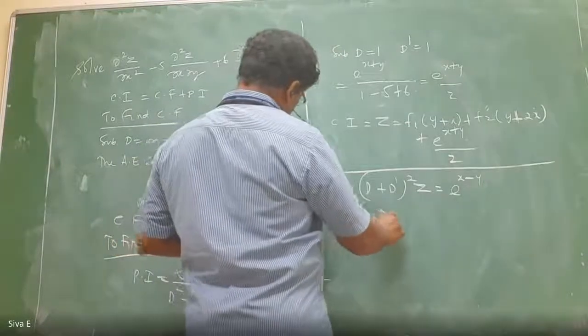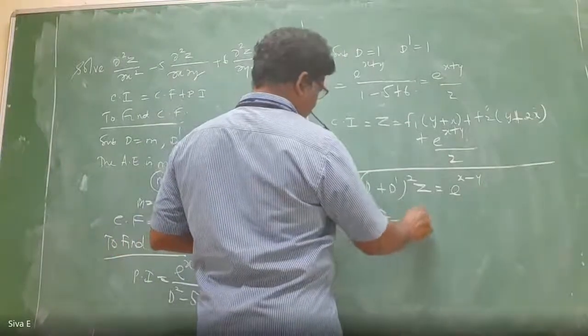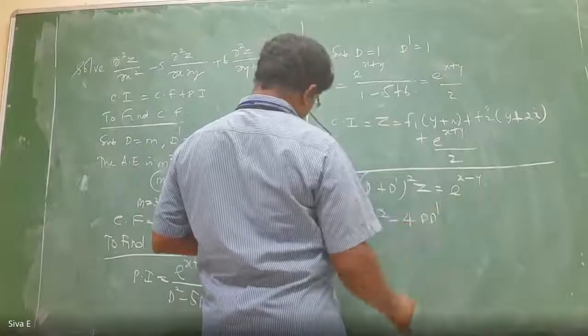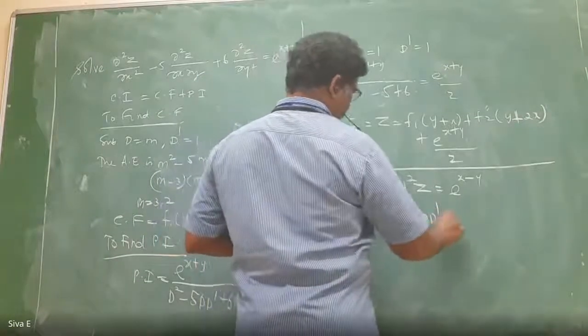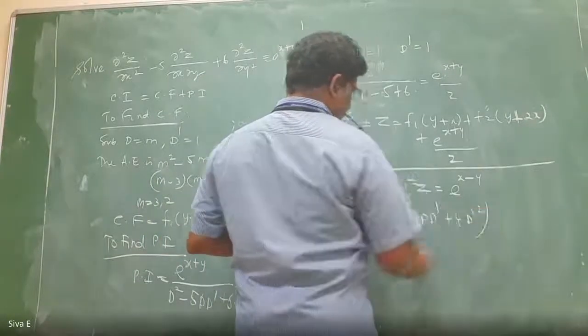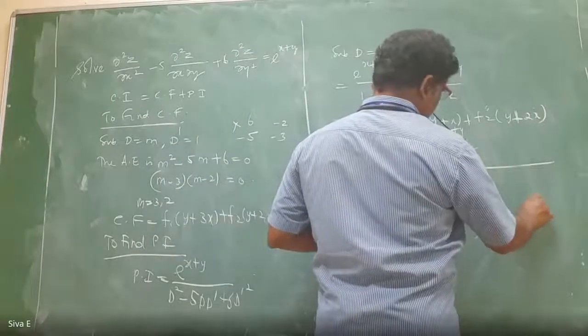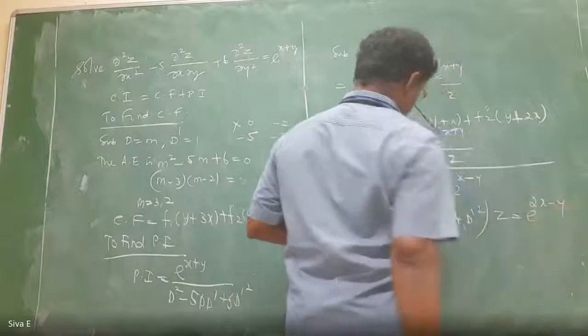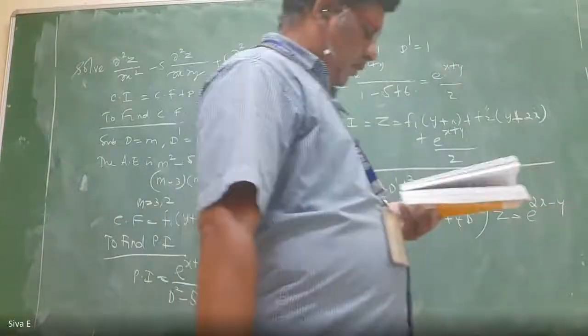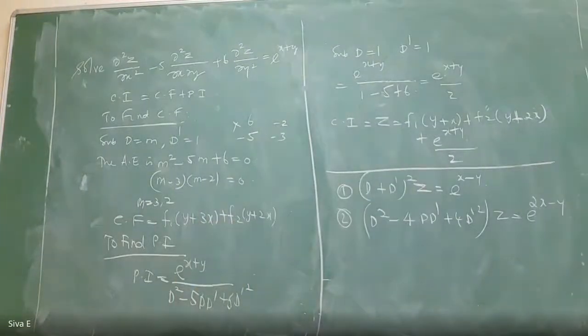D square minus 4 D D dash plus 4 D dash square into z equal to e power 2x minus y. Please note down this problem. Stop the recording now.